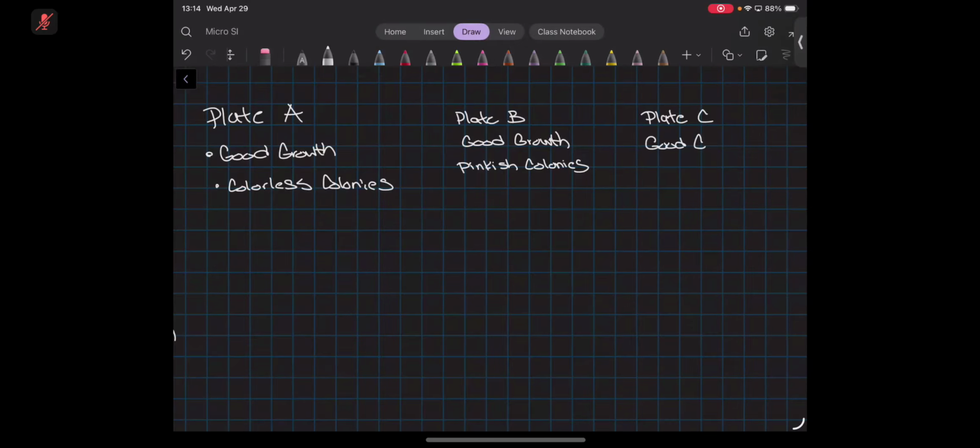Is there examples? I'm just writing it out, see if you guys are paying attention. So we got plate A, plate B, plate C. Plate C is E. coli, very good. Anything else for plate C? No, very good. Plate A and B.